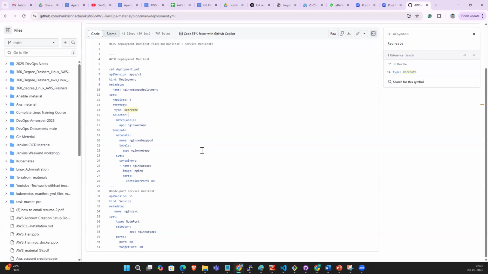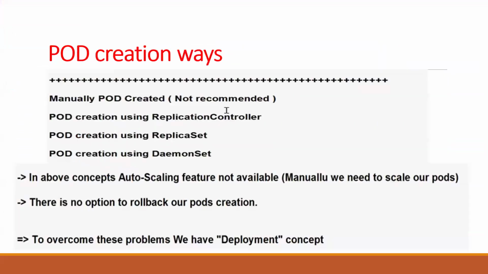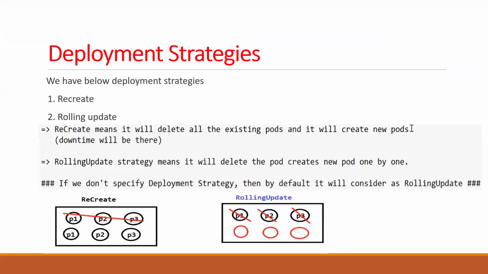Okay, bro. Companies are using blue-green deployment. What is blue-green deployment? The deployment strategies are recreate and rolling update. Recreate means it will delete all the existing pods and then create new pods.